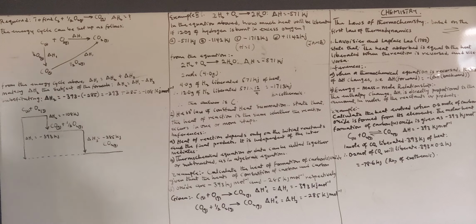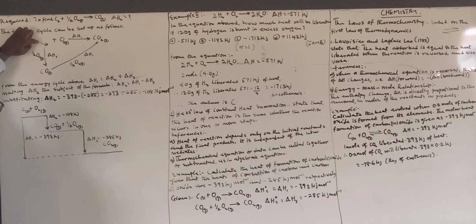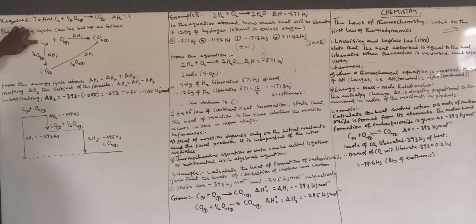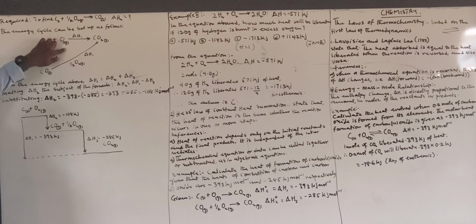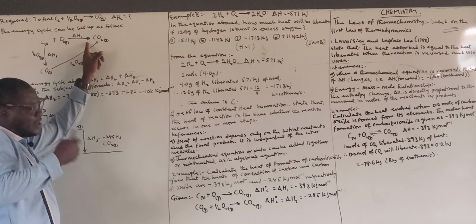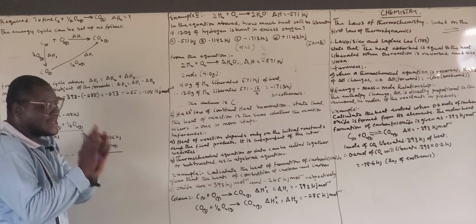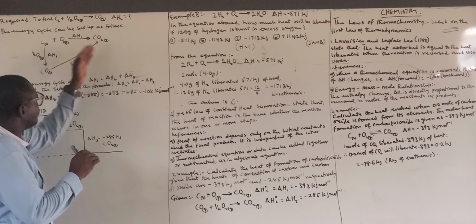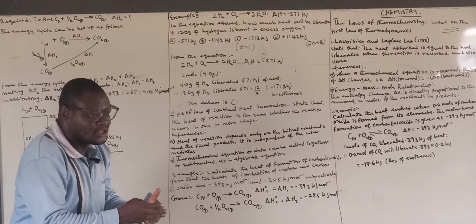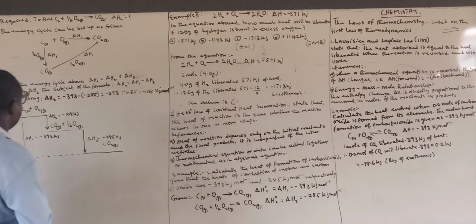The energy cycle can be set up as follows. Here we have carbon, a solid, plus oxygen, which is a gas. Through heat, it gives us carbon dioxide, which is a gas. From a solid to gas, what change is that? Sublimation.